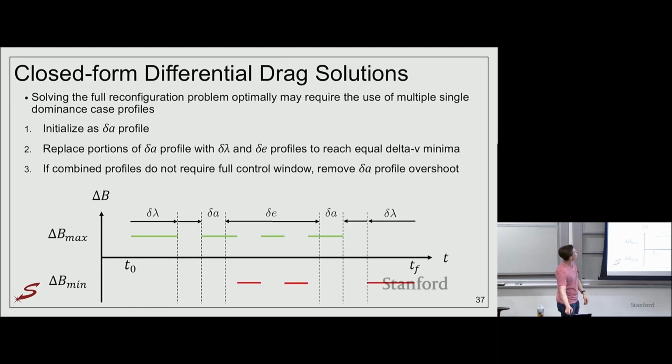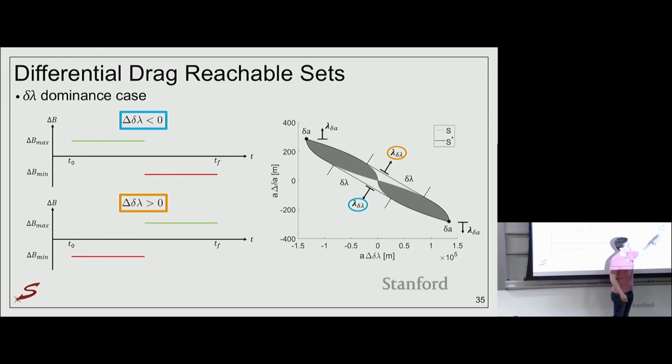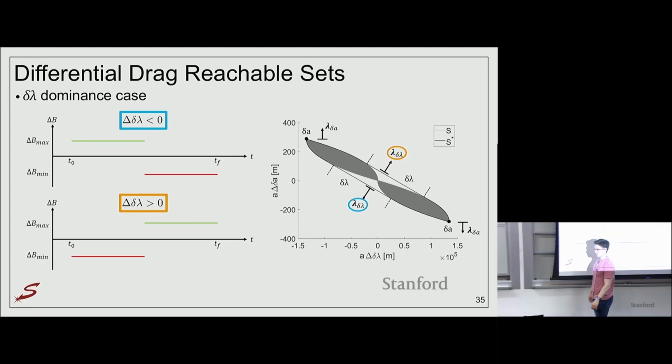All right. As I mentioned before, the full reconfiguration problem, solving it optimally may require multiple of these profiles. And you can kind of see this if I go back here. So we have these broad spans of the reachable set here that we've not defined whatsoever.